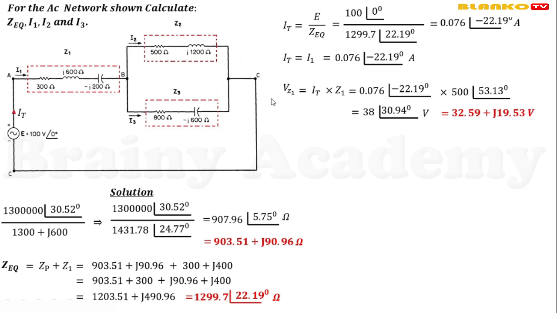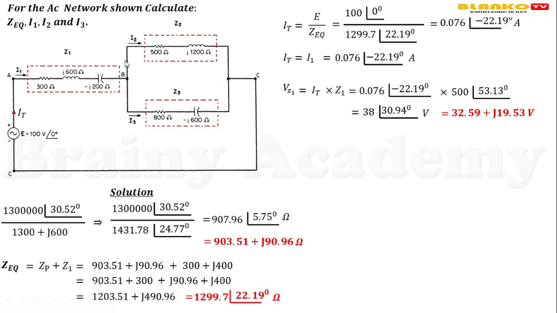So VZ1 is 38 angle 30.94 degrees or 32.59 plus j19.53 volts. I hope you understand now. Okay, so let's move on.